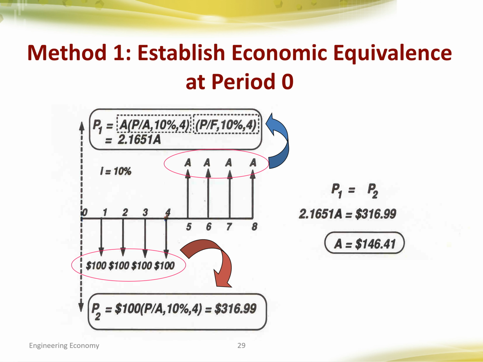We are trying to find P, and the interest rate is 10%, and the periods is 4. So we can look it up again in the back of the textbook and find the index and multiply 100 by the index. We get 316.99.